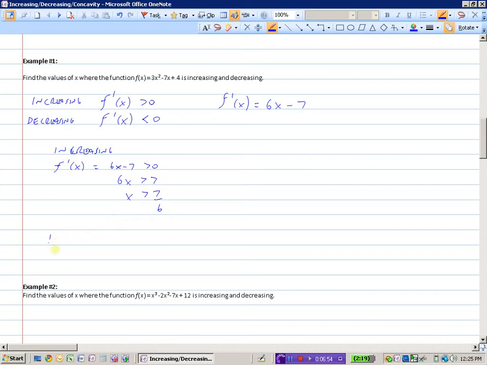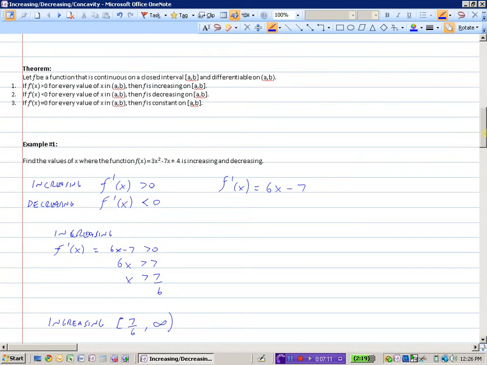So this function is increasing on the interval of 7/6 to infinity.